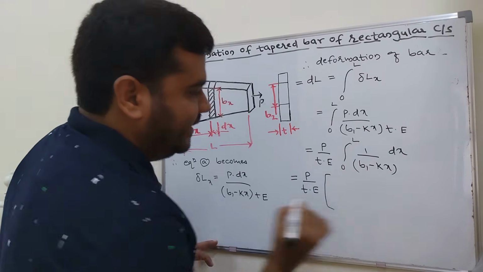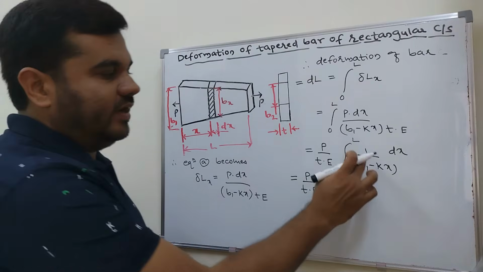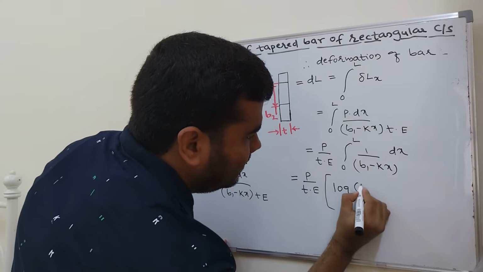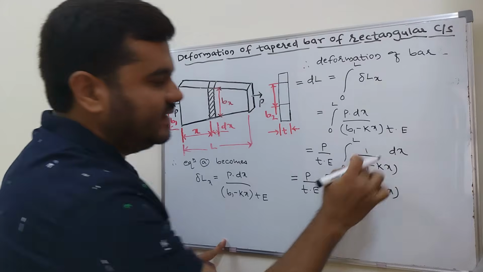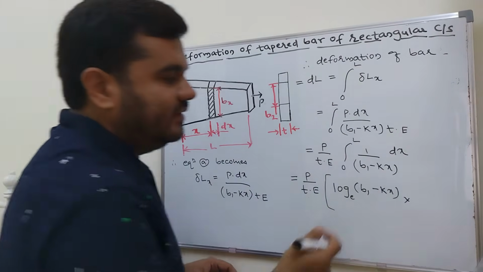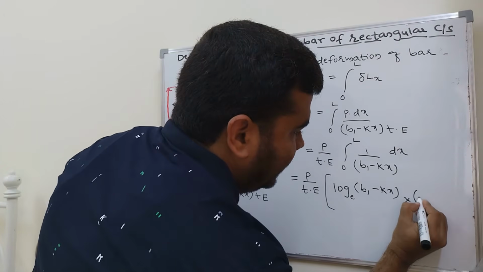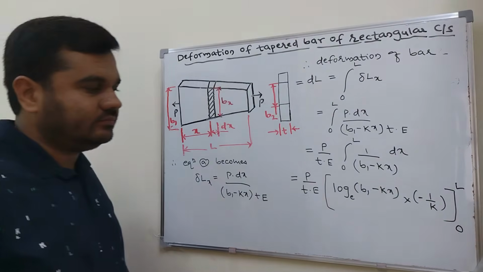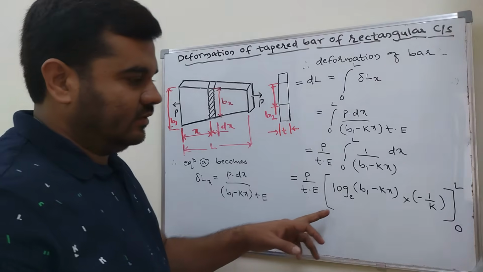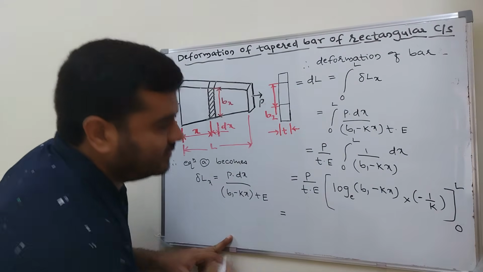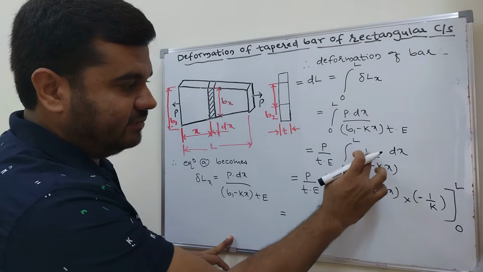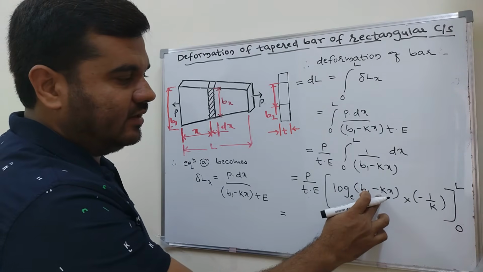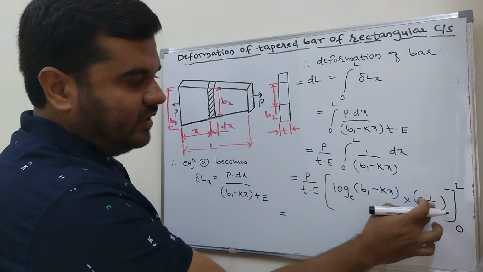Now you need to integrate this. The integration of 1 divided by (B1 minus kx) dx is log to the base e of (B1 minus kx), into the integration of the inner part, that is minus 1 divided by k.